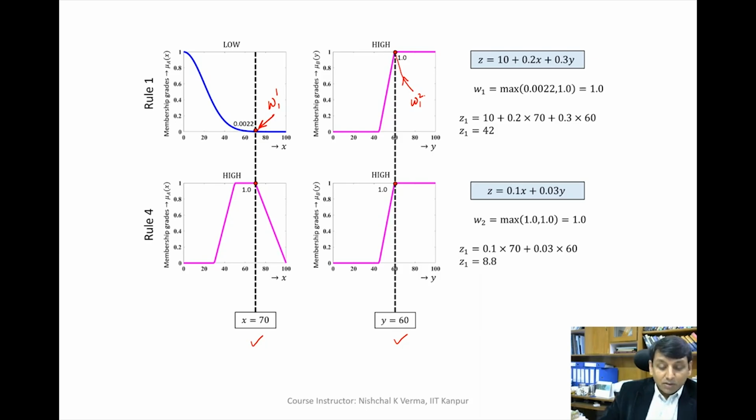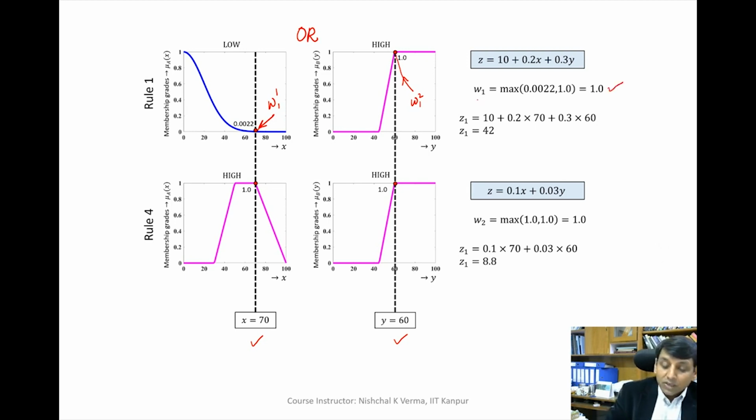So W11 is 0.0022, W12 is 1. And since here we have the connective OR that we have been given, instead of min, we use max. So W1 will be the maximum of W11 and W12, which is coming out to be 1.